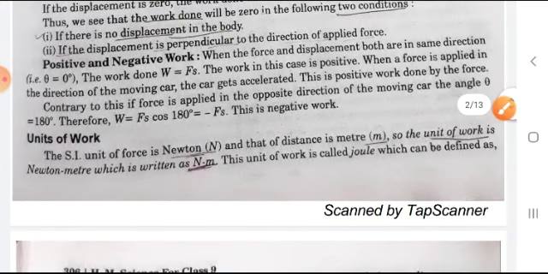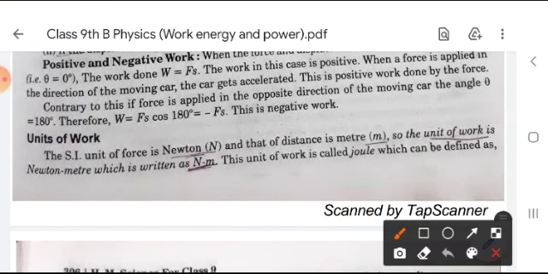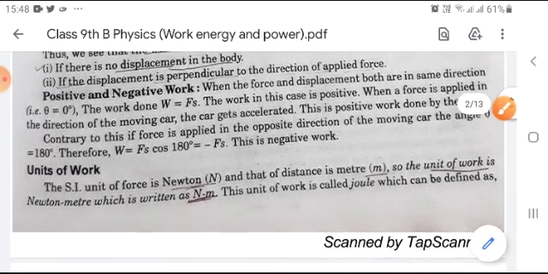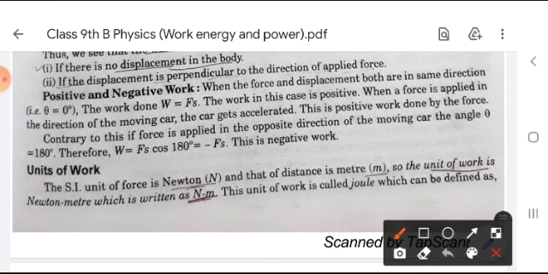There are two types of work which are given here, positive and negative work. When the force and displacement both are in the same direction, then we can say that work is positive, that is W is equal to Fs. When a force is applied in the direction of the moving car, the car gets accelerated. This is positive work done by the force.